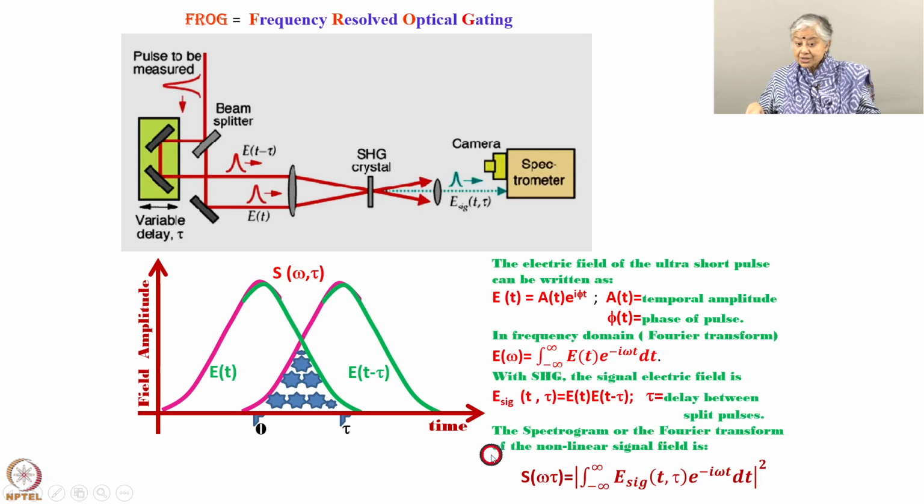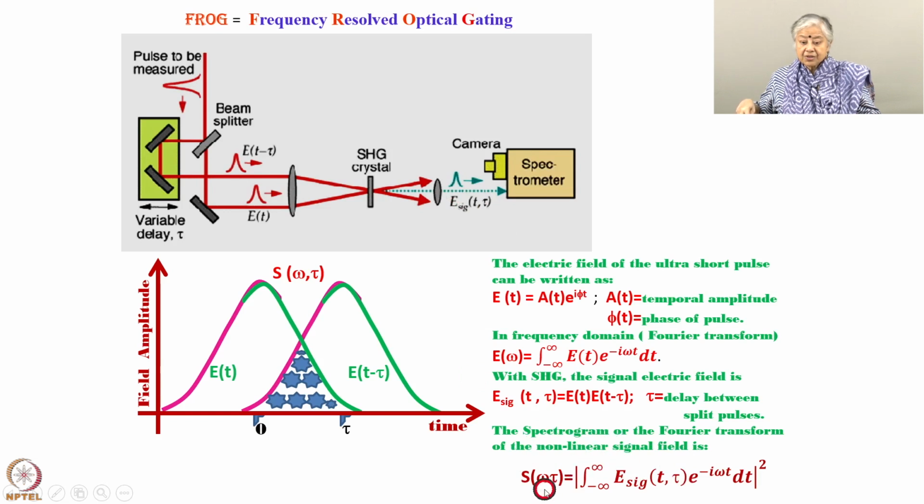Now, what am I measuring now? An extra thing, the spectrogram or the Fourier transform of the nonlinear signal field. Nonlinear because I have added a nonlinear second harmonic generation crystal. So, my signal field is the field of that nonlinear signal, that means of my second harmonic generation signal. How do I describe the spectrogram?